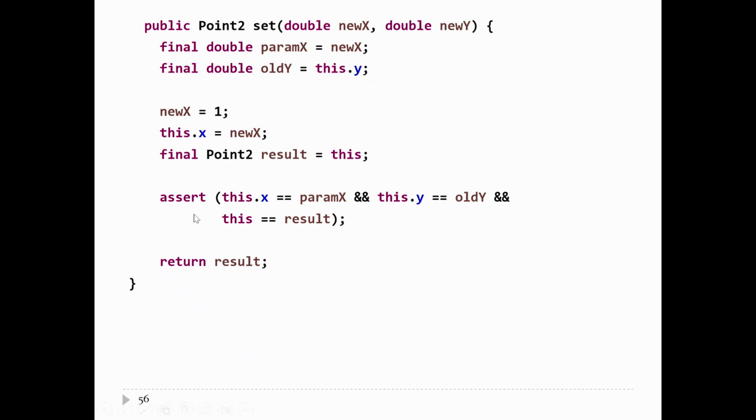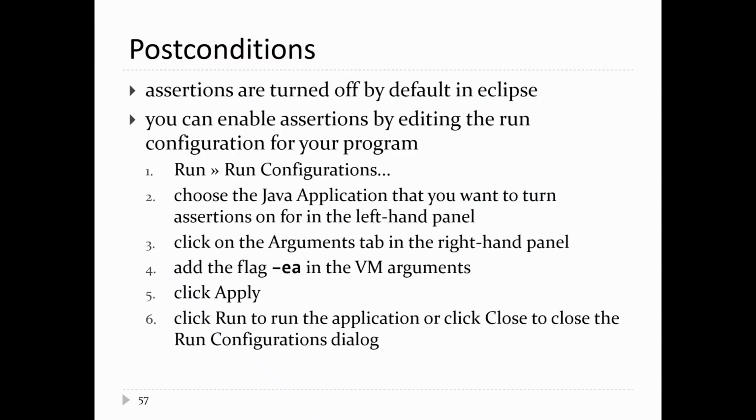If there's some condition that you suspect has to be true, and you're debugging or trying to develop your program, you can always use an assert statement to help you. If you want to use these, then in Eclipse, they're turned off by default. You can turn them on following those steps there, and then you can turn them off following a similar set of steps.